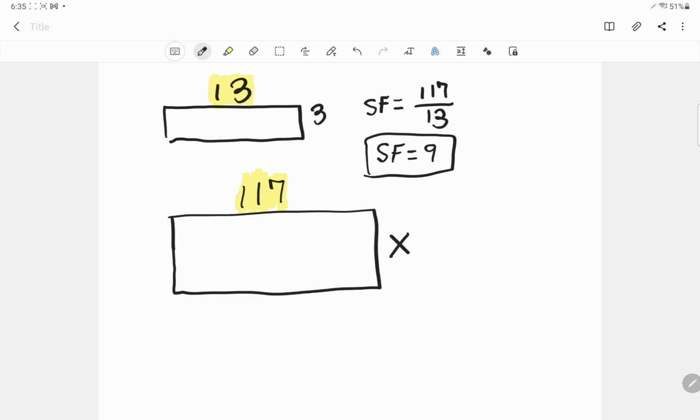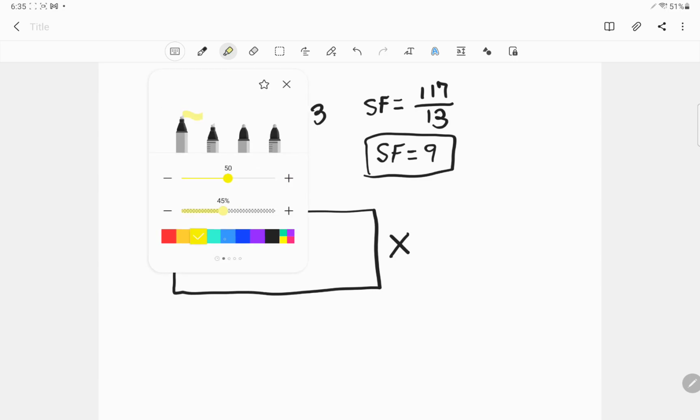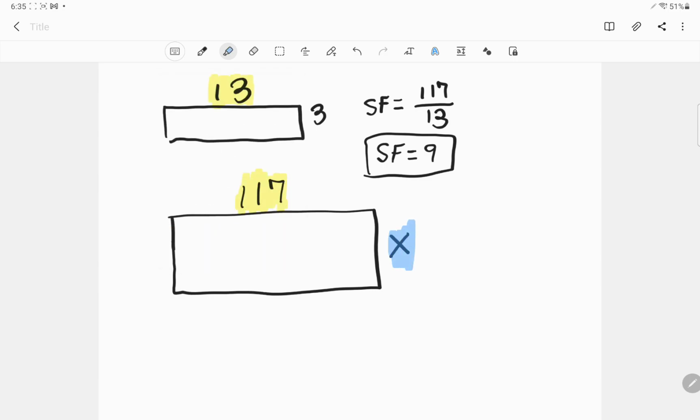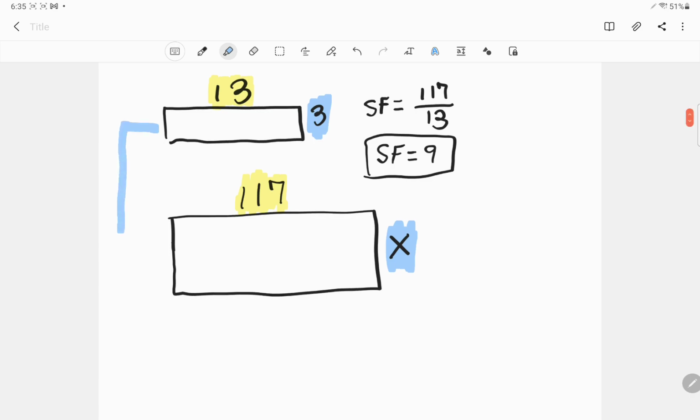Very easy, right? Now I'm going to use that scale factor to multiply or divide. So I'm looking for the X, which is located on the big rectangle right here, right? And I can tell that 3 and X are similar. So that means I'm going to have to go from here all the way right here. I'm going to use the black.